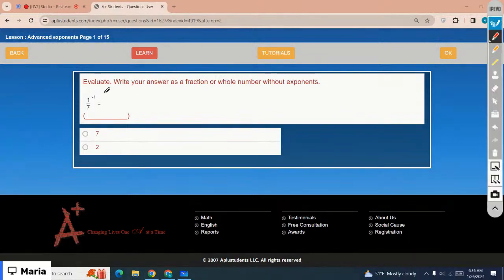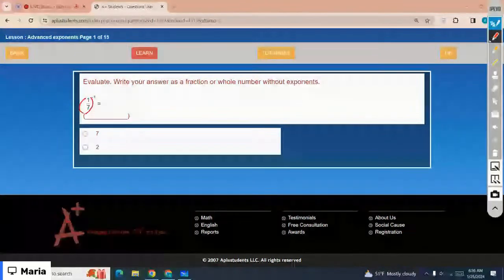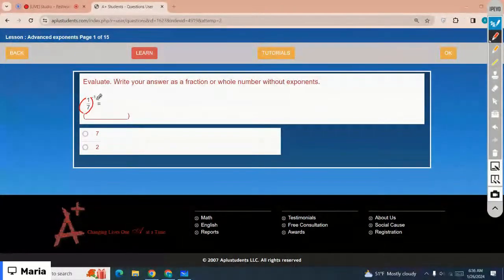You have 1 over 7 exponent negative 1. It looks like this, right? You can write it as 1 exponent negative 1 over 7 exponent negative 1. For the numerator, 1 exponent negative 1 is 1, and 1 over 7 exponent negative 1 you can write as 7. Got it?